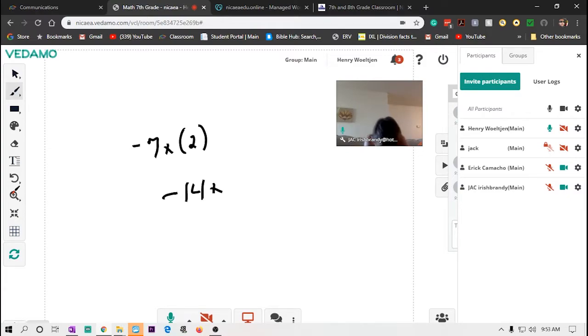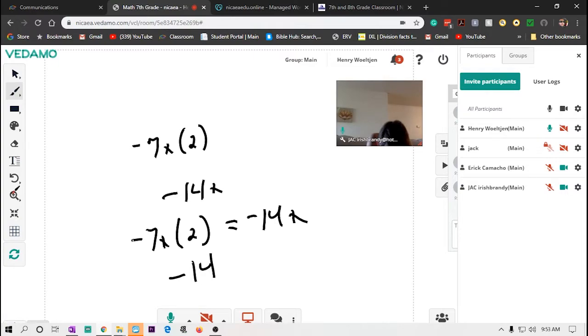And you can test that, right? So you have negative 7x times 2 is equal to negative 14x, right? If x equals 1, negative 7 times 1 is negative 7 times 2 is negative 14. Negative 14 times 1 is negative 14, right? So it checks out. They are equal.